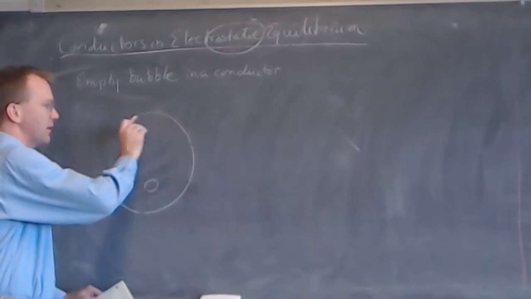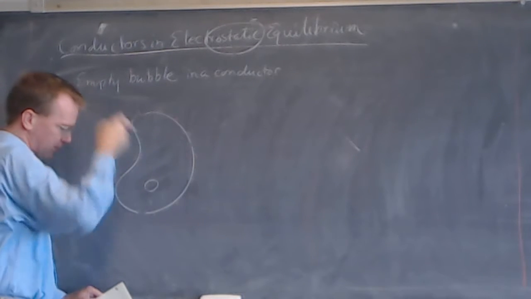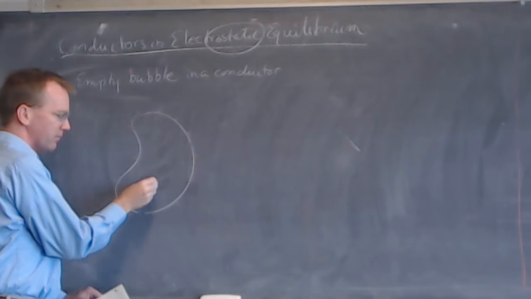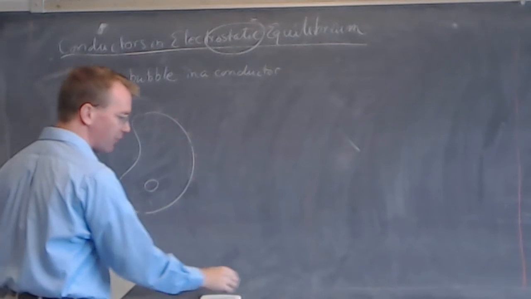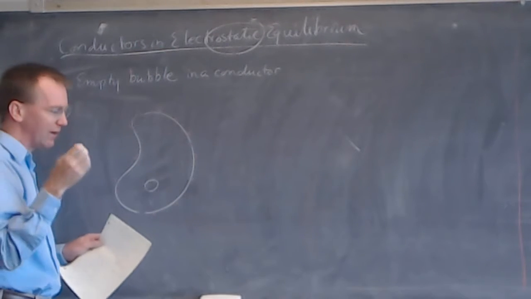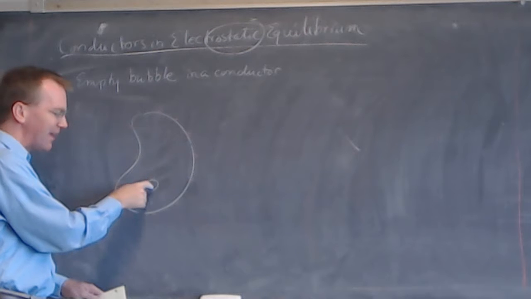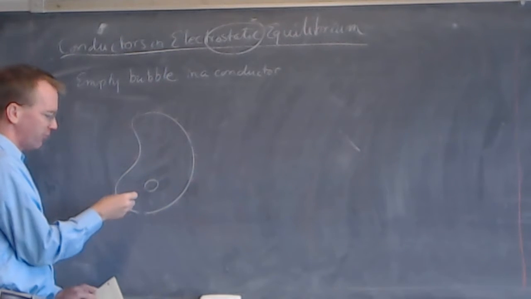The electric field from each of these charges pushes them apart as they'll go there, but does it make any of them move to this surface here? And it turns out that there is no charge on this. If the bubble is truly empty, if there's no charge in that little air gap inside the bubble, then there won't be any charge on the surface here.